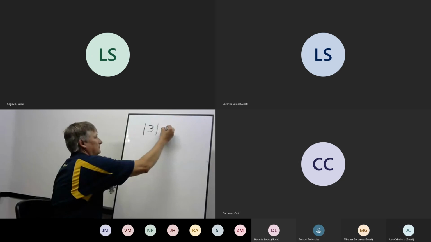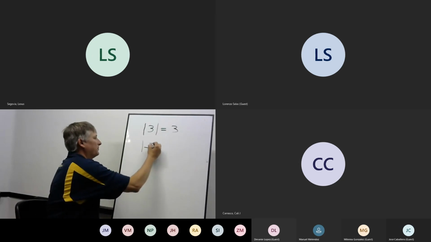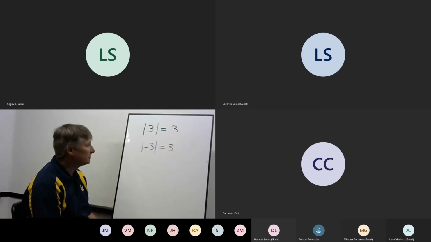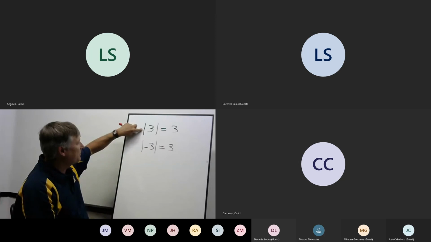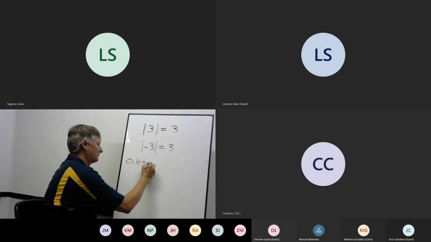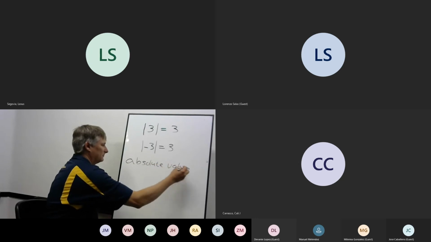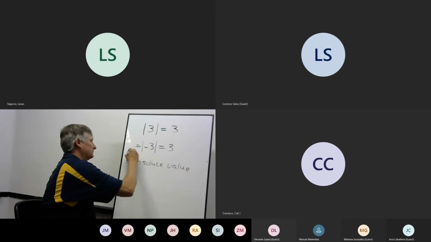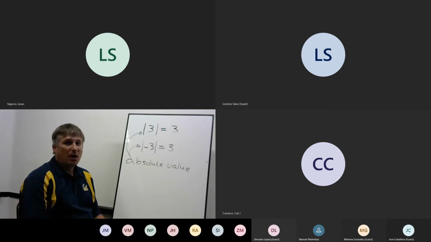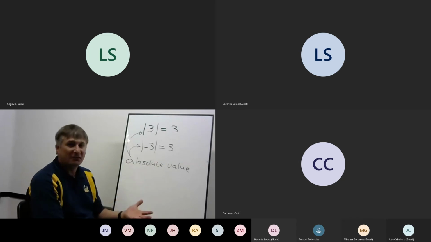Well, it's still equal to 3. And then the absolute value of -3, well, that's still 3. Nothing's changed. So this is absolute value. So we're working on a symbolic language here in mathematics. And we do that sometimes just because it's faster.